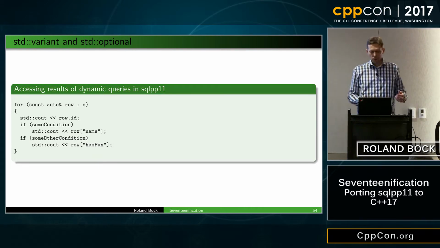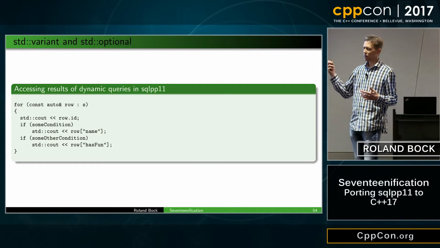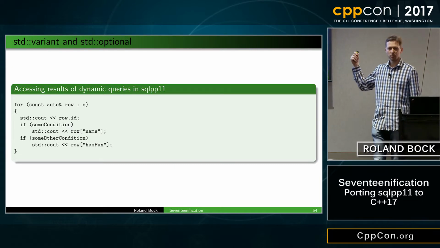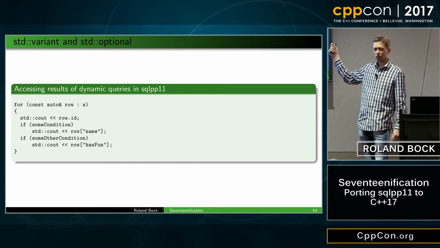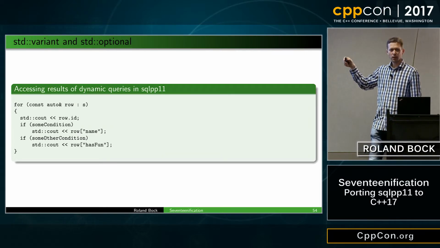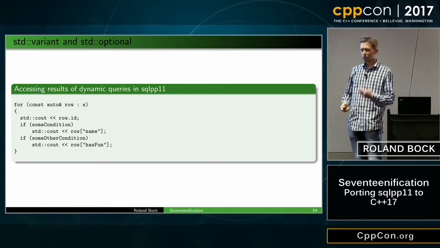So what I could do is indicate these columns as optional, right? Which is really what I want to express. And the user can say, this column is optional, and only if this optional has a value, then that tells the library that it should actually retrieve this value.